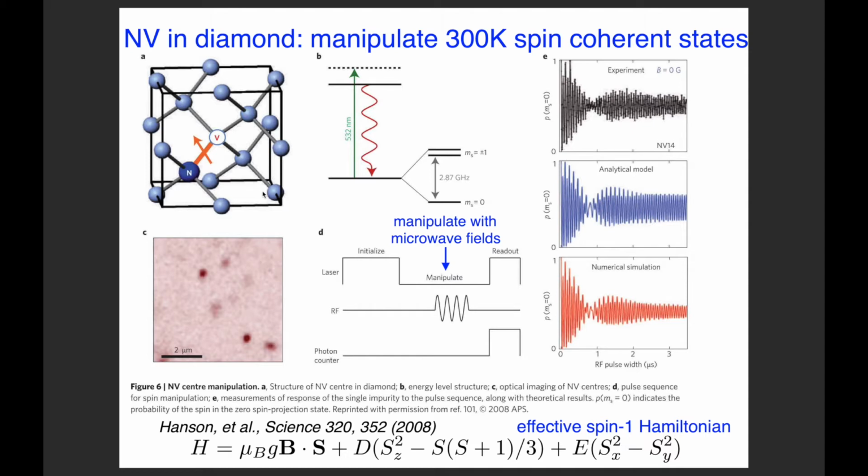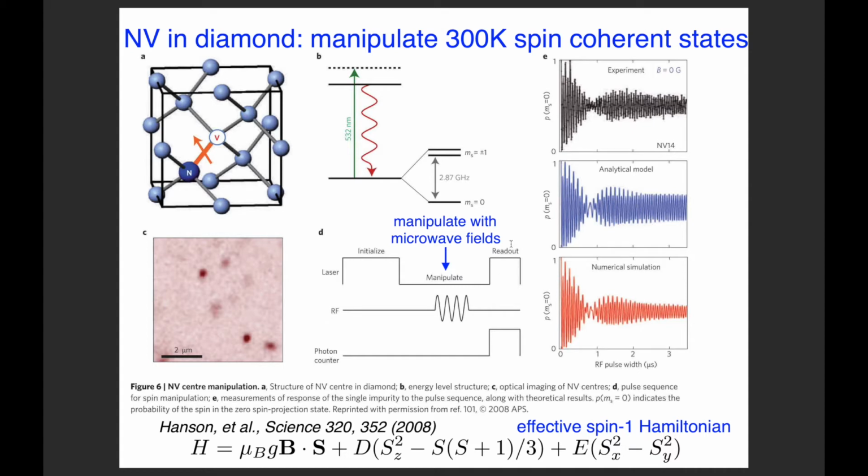One can initialize with light, which preferentially occupies the spin projection equals 0 state along the NV axis. This is the MS equals 0 state, as indicated in the axes on the right over here. And then that state can be manipulated with microwave fields, as indicated in the sequence over here. And then it can be read out optically.